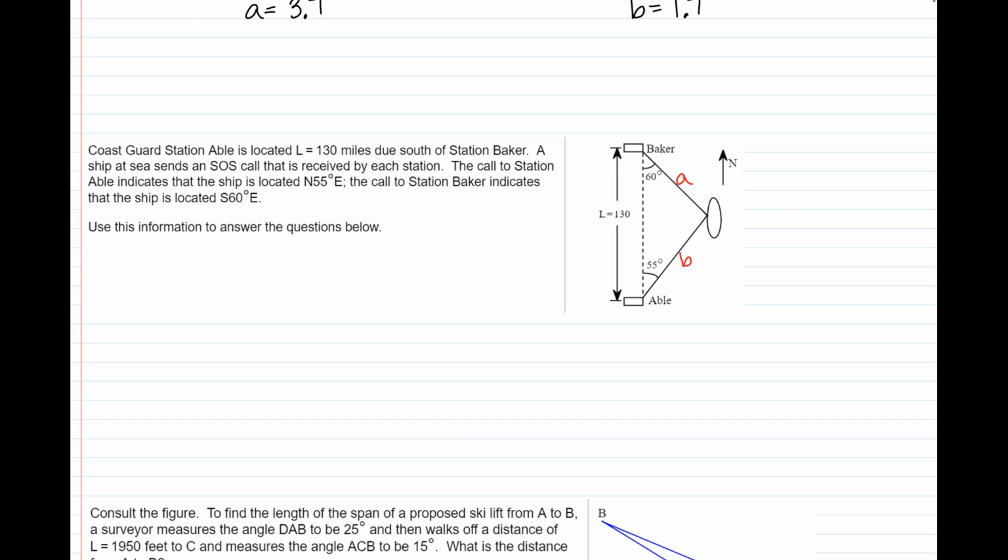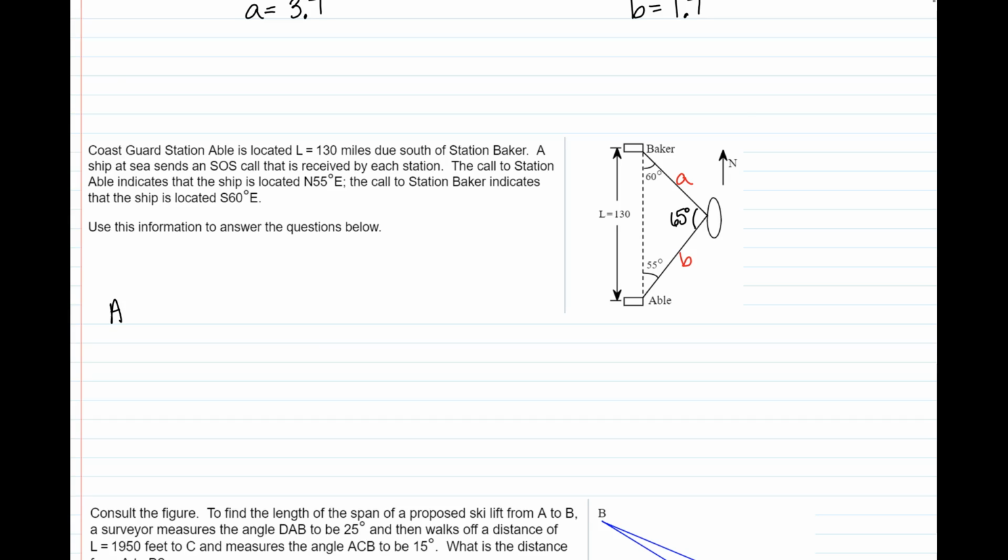All right, so we do not have a right triangle, but I do have a triangle where I know two of the angles, so I can add them together and subtract from 180 to get my missing angle, which is 65 degrees.